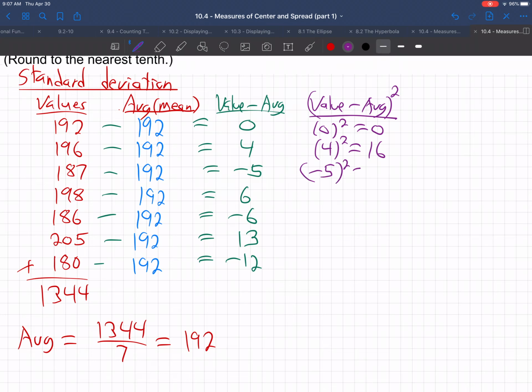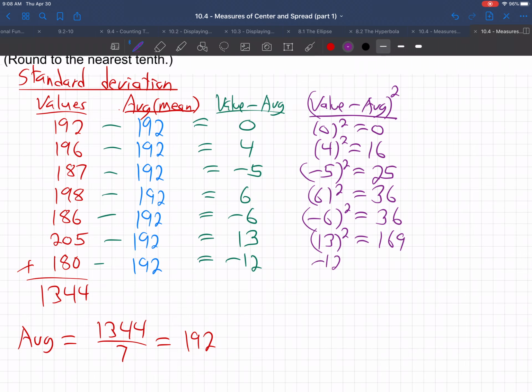Minus 5 to the second power is 25. 6 to the second power is 36. Minus 6 to the second power is also 36. Just use your calculator on these. 13 to the second power is 169. Minus 12 to the second power, 144. So now, that's the value minus average squared.